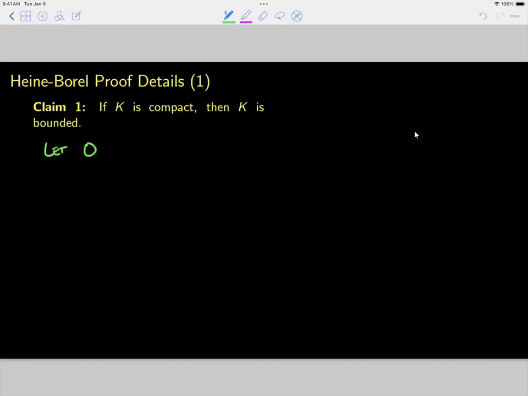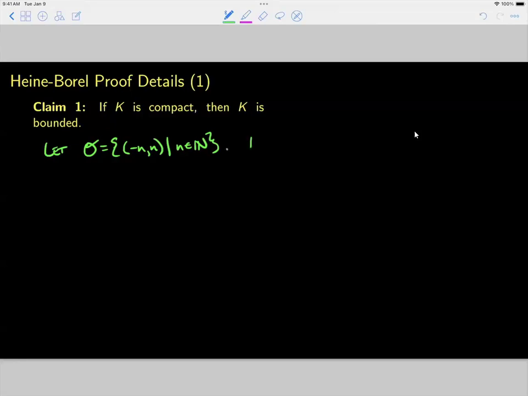So let O be the collection of all intervals of the form (-n, n) such that n is a natural number. All right. So these are the intervals like (-1, 1), (-2, 2), (-3, 3), (-4, 4), (-5, 5), and so on and so on.